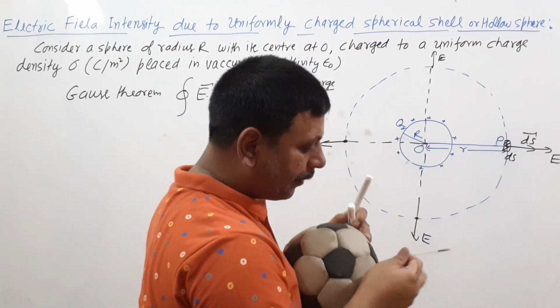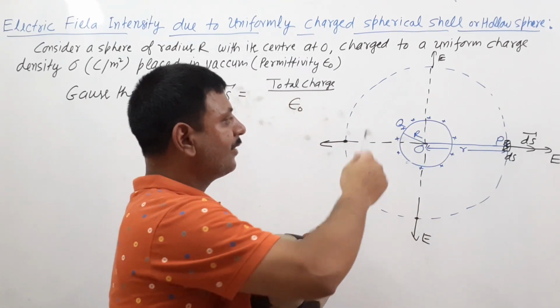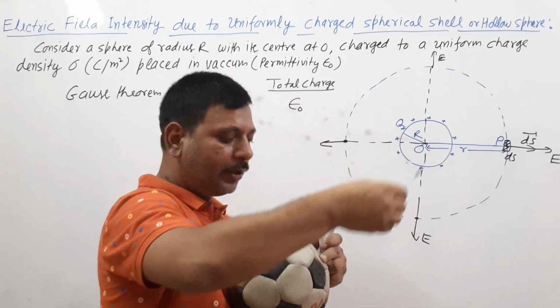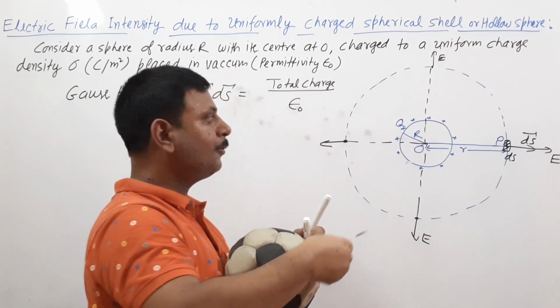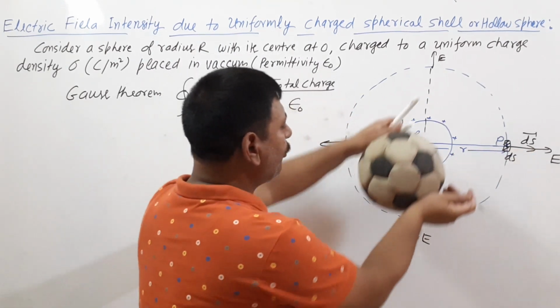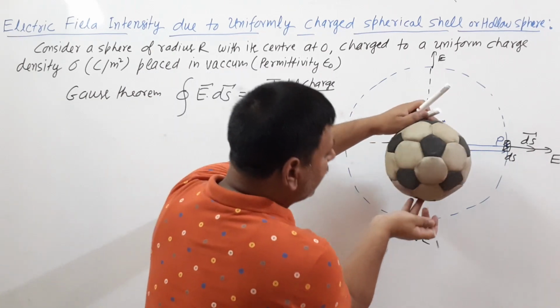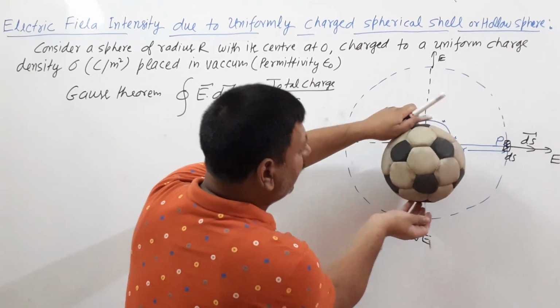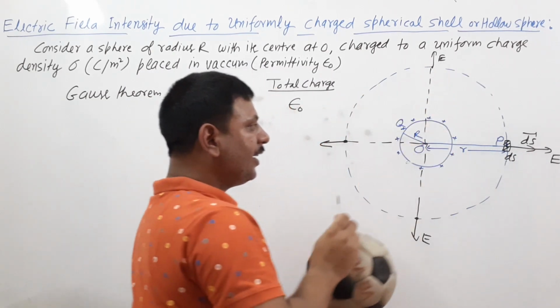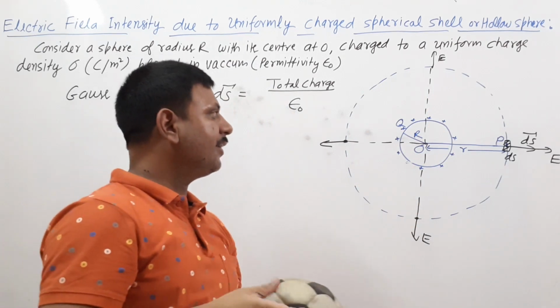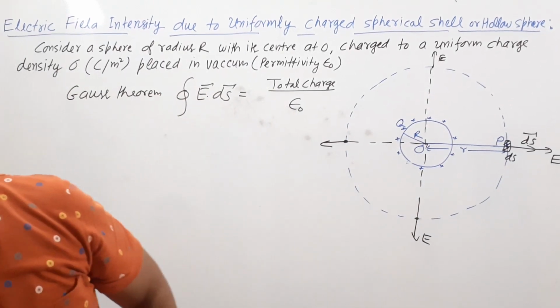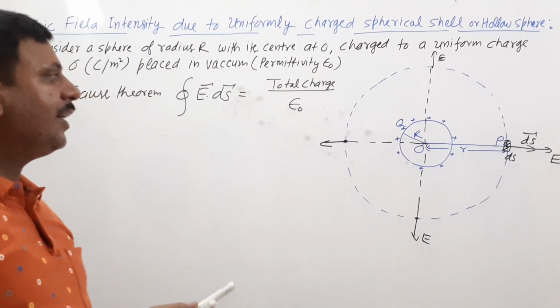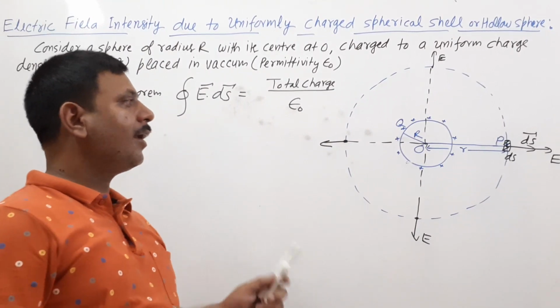And what will be the direction of ds, perpendicular to the surface? So this is the direction of E and ds at any point. Whether you take the lower point or the upper point, by symmetry you can see the direction of E and ds are parallel to each other.